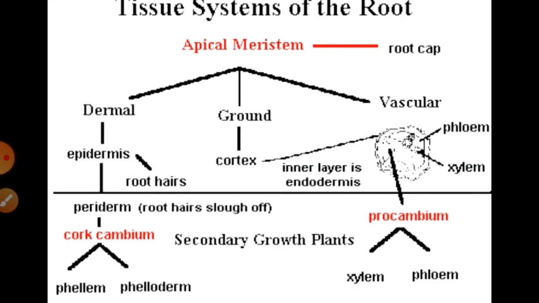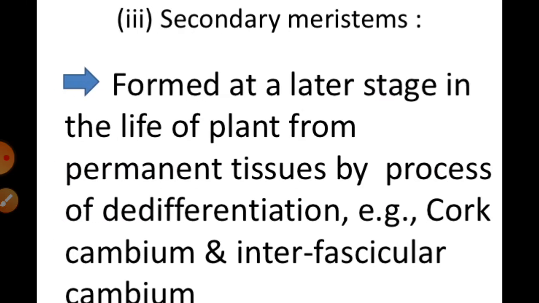Another one is the secondary meristem. These meristems appear in the later stage of development of the plant body. The primary meristems develop during the embryological stages, but the secondary meristem develops once the plant body has developed. They lie in lateral positions in both stem and root.